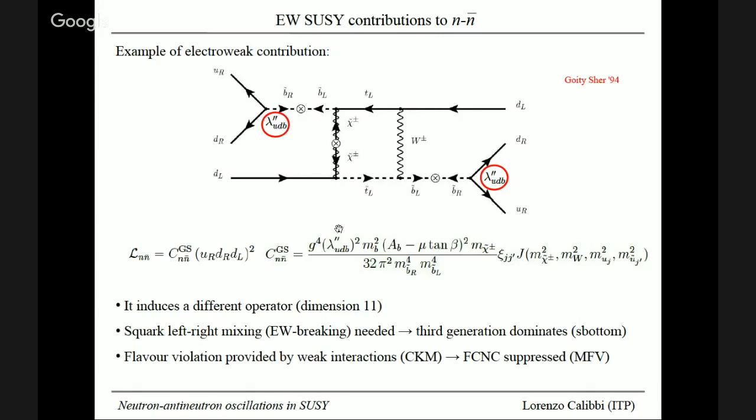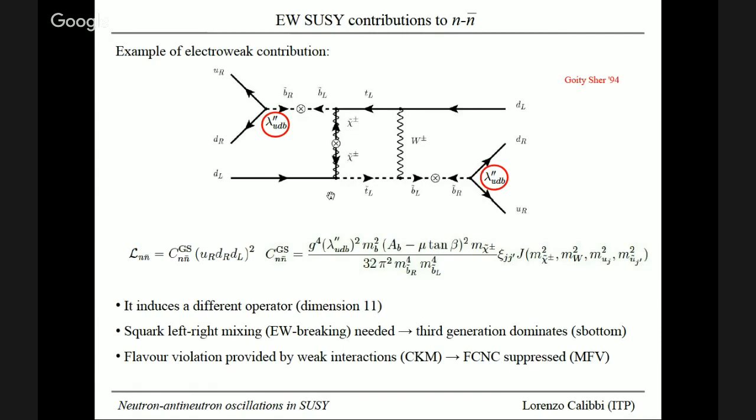So here you have further loop suppression, but flavor violation is automatically given by these vertices, by the ordinary CKM matrix. So in this case, you don't have to assume anything.